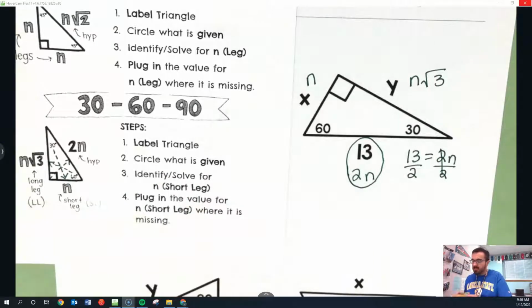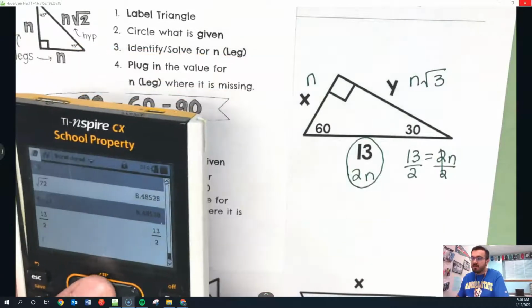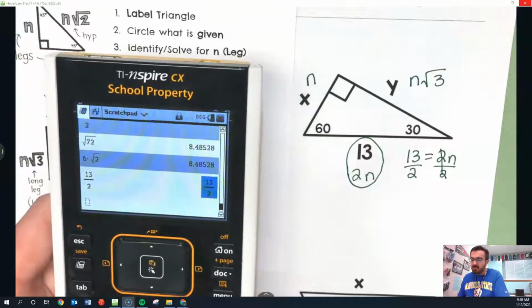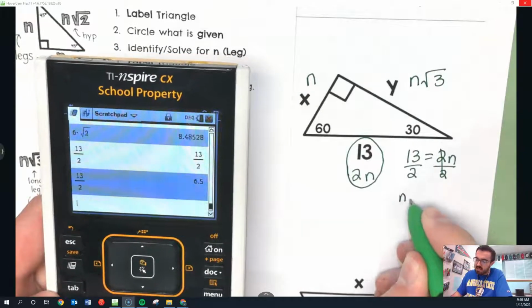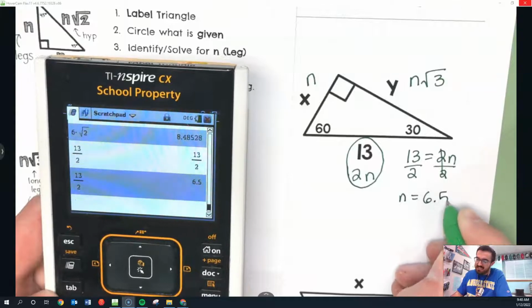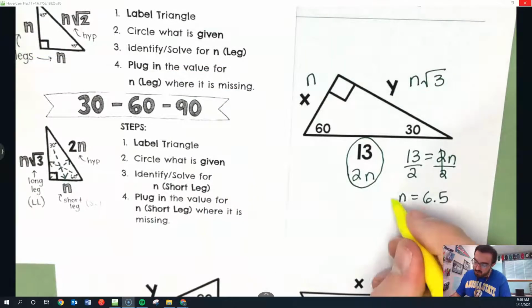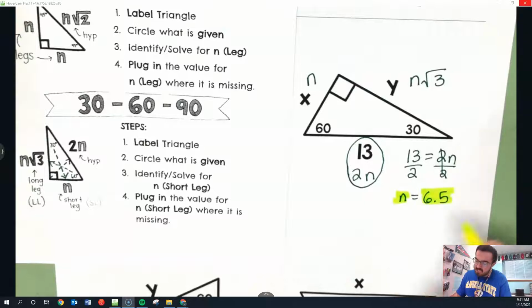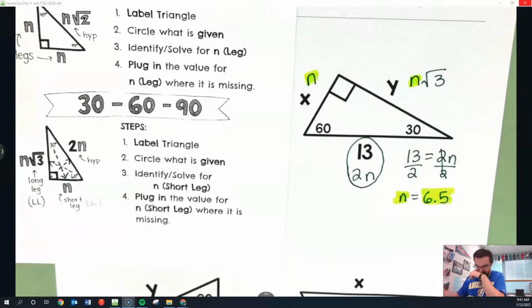Now, 13 divided by 2, some of you who are observant will realize that that is not going to be a whole number. Bummer. But if I can use my calculator real quick, I'd get 6.5. So n is actually going to equal 6.5, which is a decimal, which is kind of ugly. I don't love it, but we're going to roll with it. Wherever we see n, I'm going to replace it with 6.5.